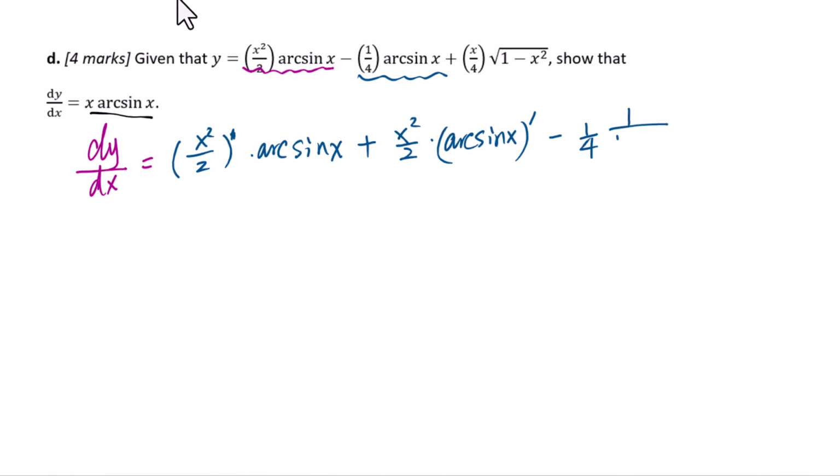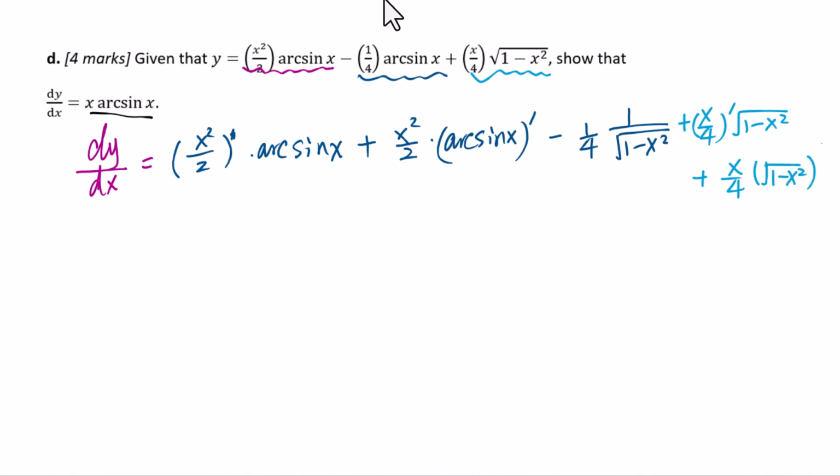For the derivative of this, we have to do the product rule again: plus (x over 4) prime times square root of 1 minus x squared, plus x over 4 times (square root of 1 minus x squared) prime.